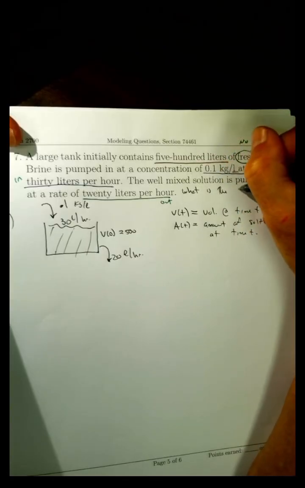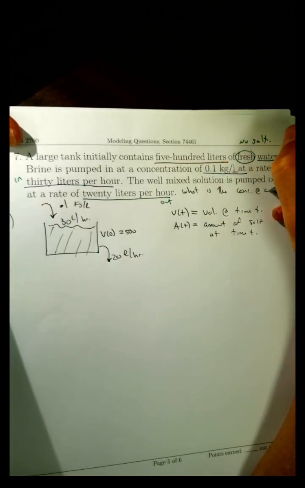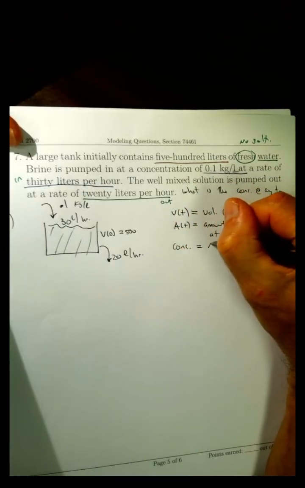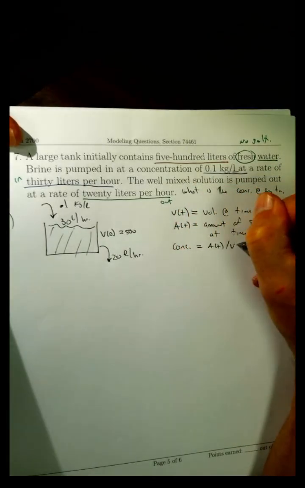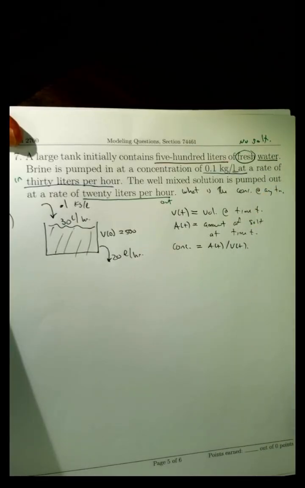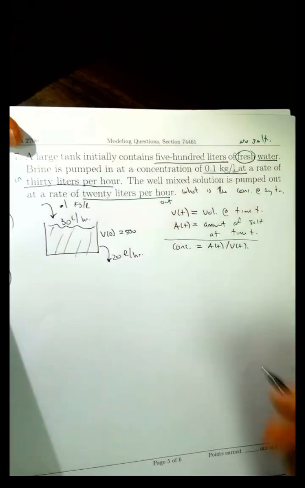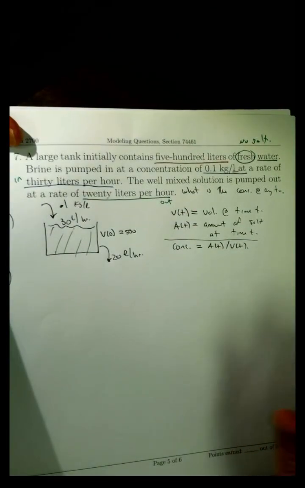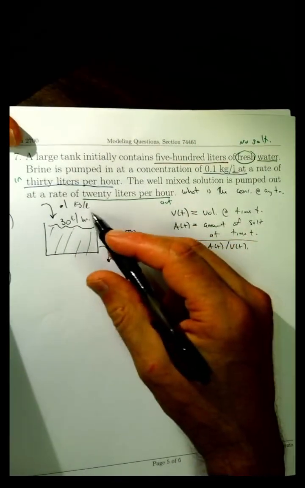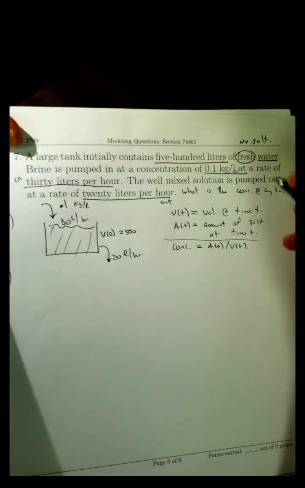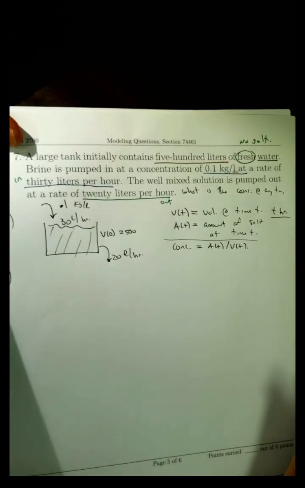Let's ask, what is the concentration at any time? And notice the concentration is going to be the amount of salt divided by the volume. So we've figured out the situation. We've defined our variables, and t is in hours.